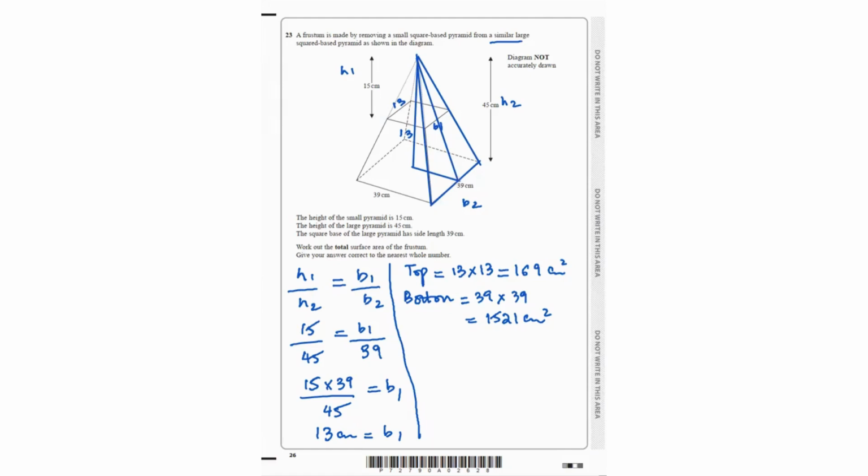So if we half 39, 39 divided by 2 is 19.5. We have the original height, and over here half of 13 is 6.5. So if I draw both the triangles separately over here, you'll get a better idea.